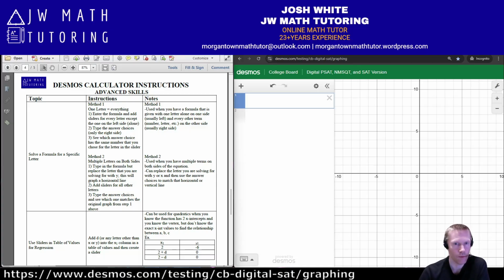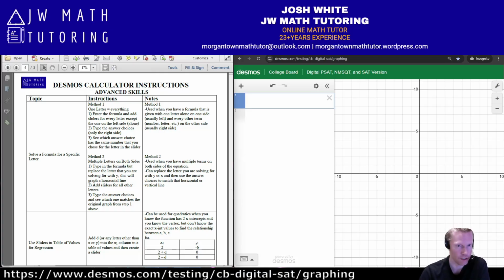All right, so the first type of problem, this is method 1 on the sheet here, is when you have a formula where you have one letter on one side and all the other letters and terms and numbers on the other side. Basically what you're going to do is type the formula into Desmos. You're going to add sliders for every letter in the formula that you see except the one that is on the left side. Then you're going to type the answer choices.